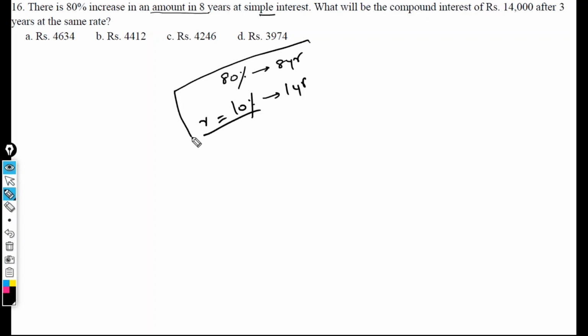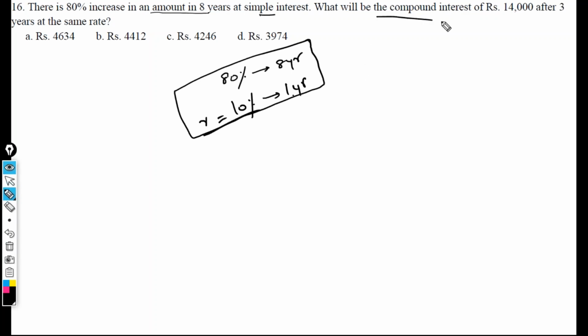Is this part clear, everyone? If 80% increase is there in the amount in 8 years, then in 1 year it is divided by 8, because in case of SI, my interest is always the same value.